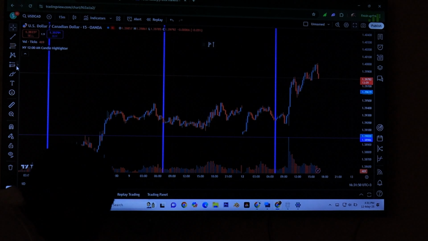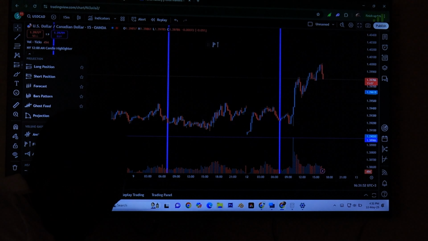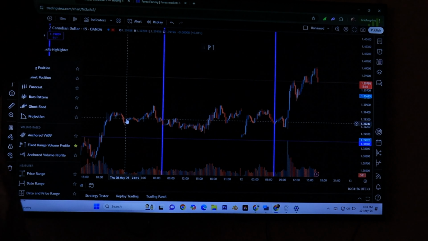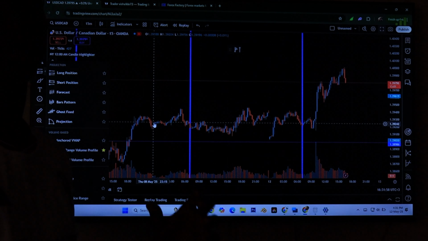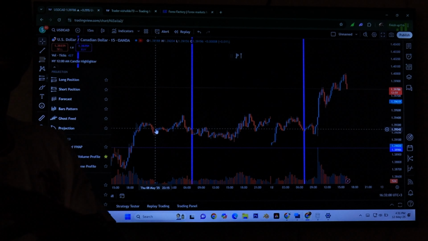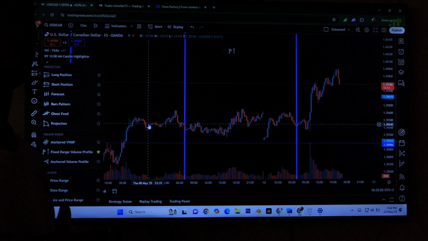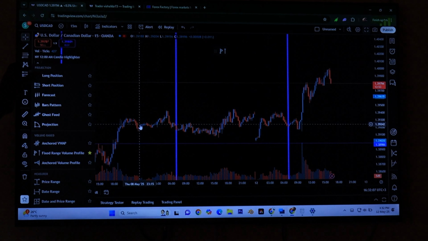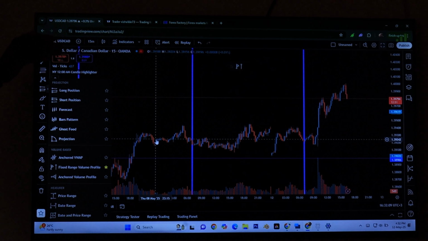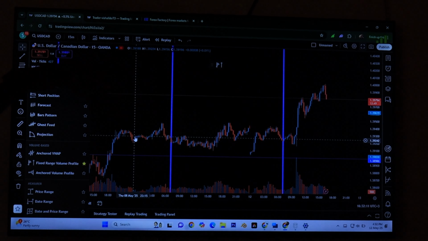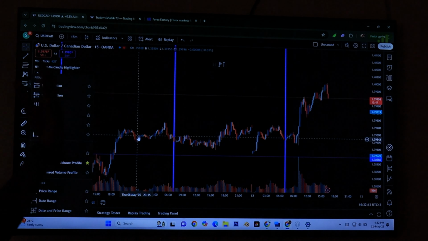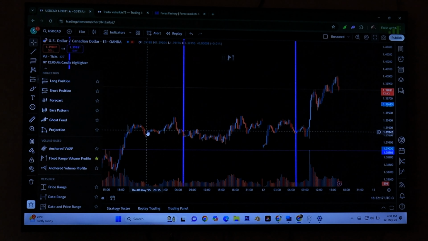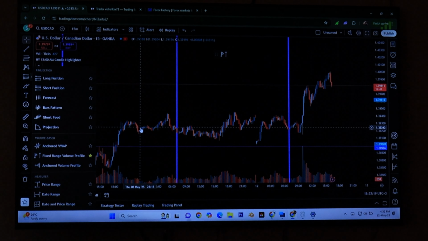There is a tool called the fixed range volume profile. The fixed range volume profile is a tool that shows you where the most volumes were traded during the previous day in a chart. It's found under the long short positions, where you'd apply your SL, your TP, your long buy positions, your short sell positions.